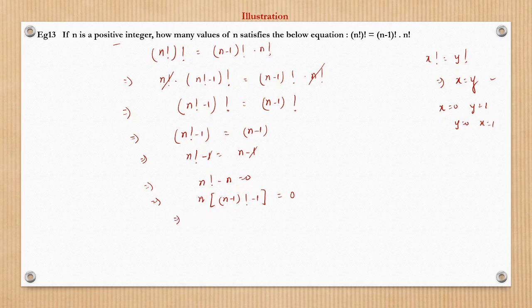So n cannot be 0 because n is a positive number. So it becomes n minus 1 factorial minus 1 is equal to 0, so n minus 1 factorial is equal to 1. So n minus 1 can be either 0 or 1, right? This gives n is equal to 1, this gives n is equal to 2. So two possible values of n, right? This is what we obtained here.